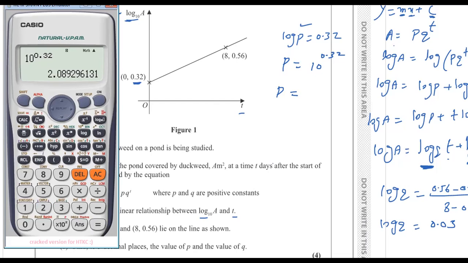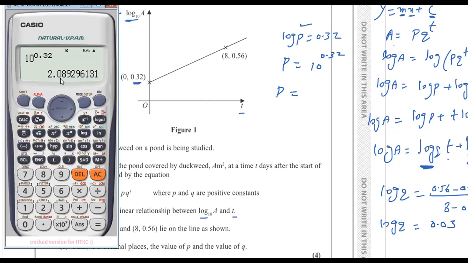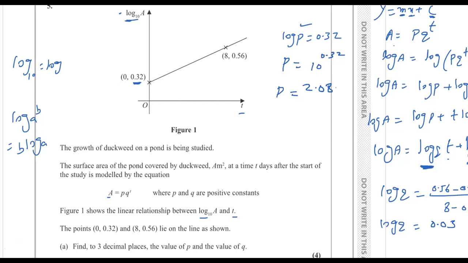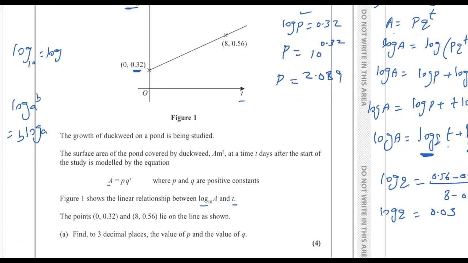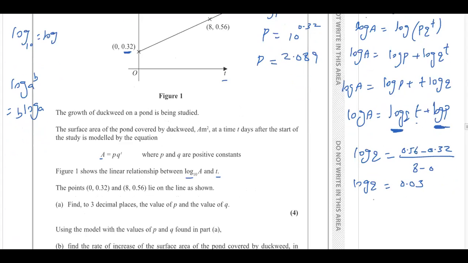So that will be 2.089, and it should be to 3 decimal places. That's why I will write 2.089. Okay, for Q, as this is the log with base 10, it will become 10 to the power 0.03.